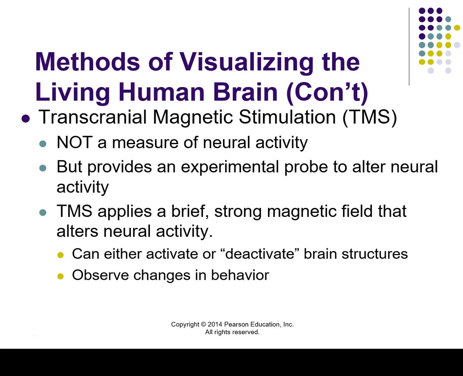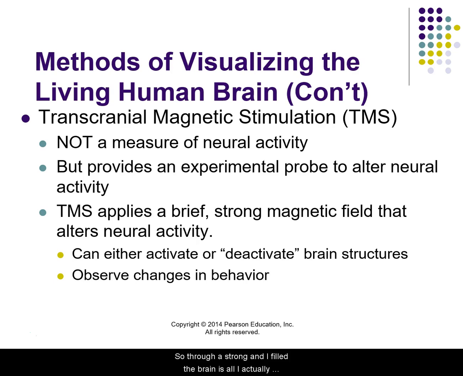Okay. We also talk about transcranial magnetic stimulation. It's not a measure of neural activity, but provides an experimental probe to alter neural activity. So through a strong magnetic field, we can either activate or deactivate brain structures, and therefore observe the changes in behavior.